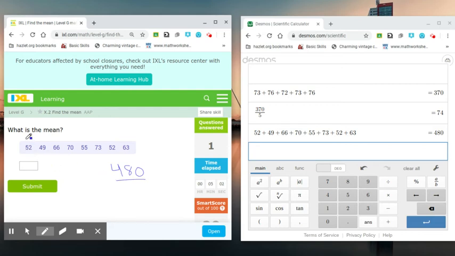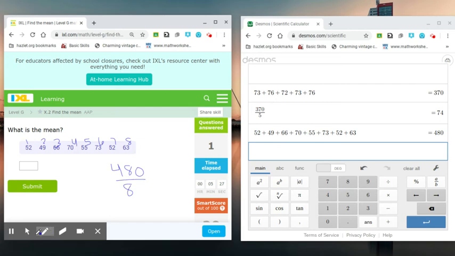So we have 1, 2, 3, 4, 5, 6, 7, 8. So we have 8 numbers, so we have to divide by 8. Hey guys, I'm just writing the numbers on top just that way you visually can see where I'm getting the bottom number from.